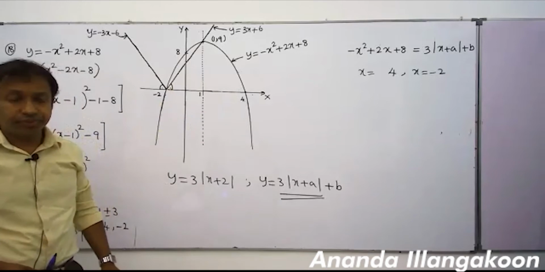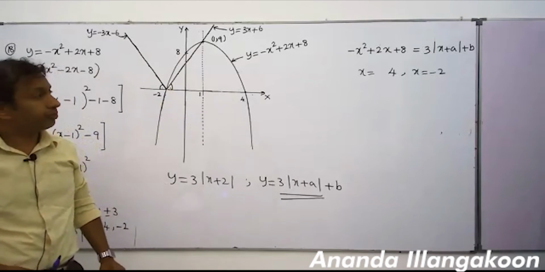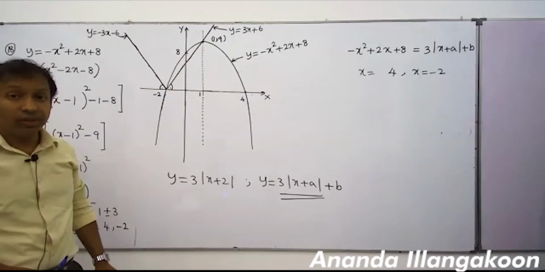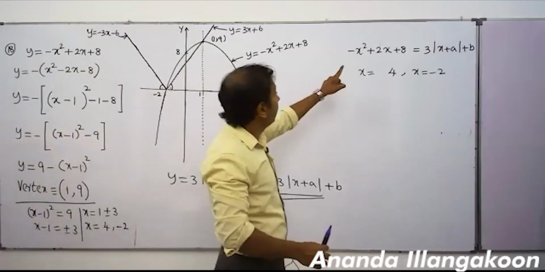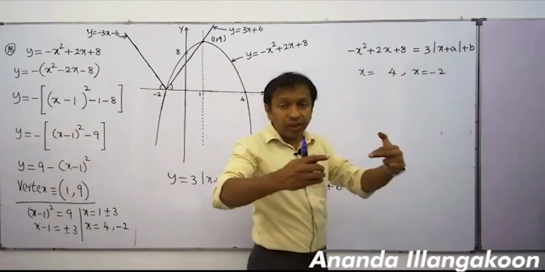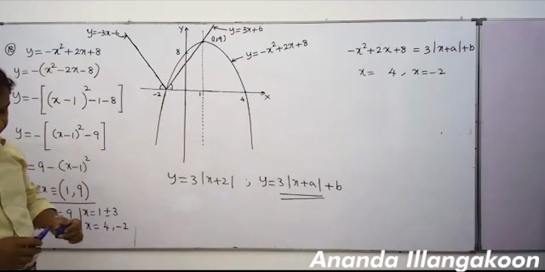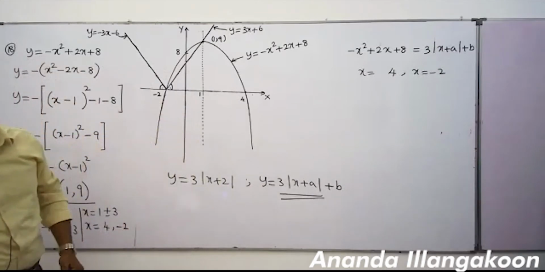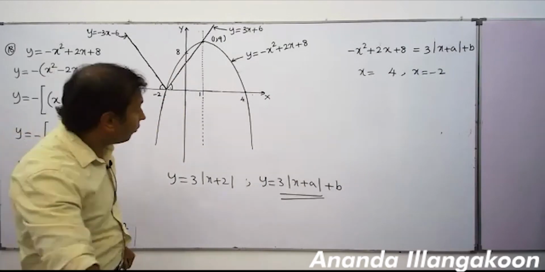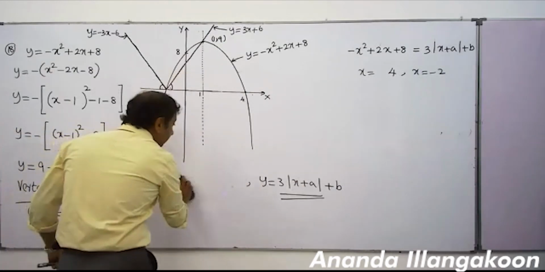Understand? Okay. Why? Then only this and this intersect at 4 and minus 2. So the first thing you have to understand is that.